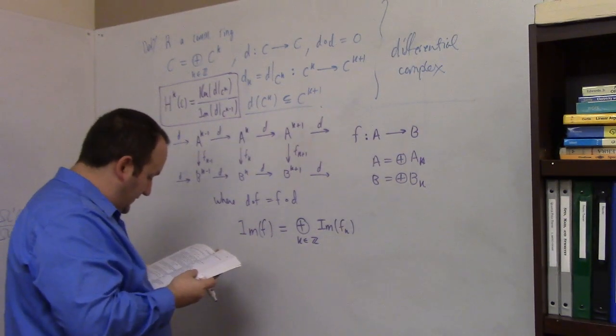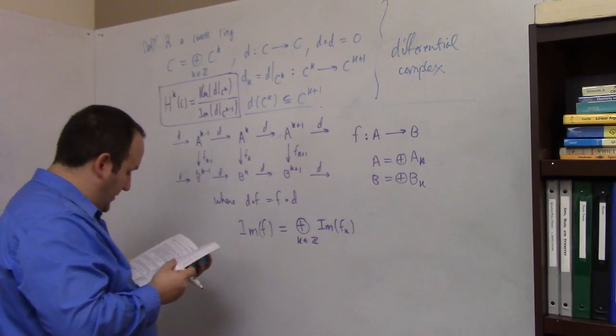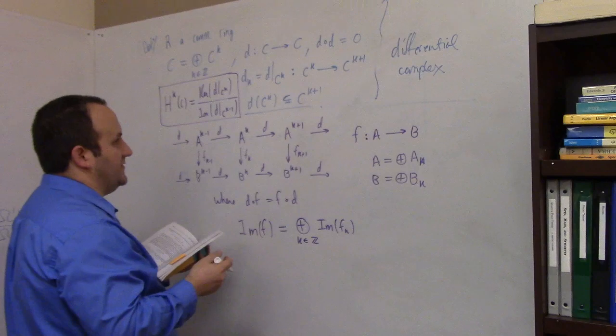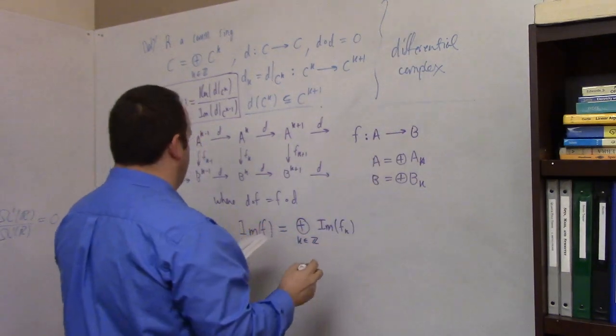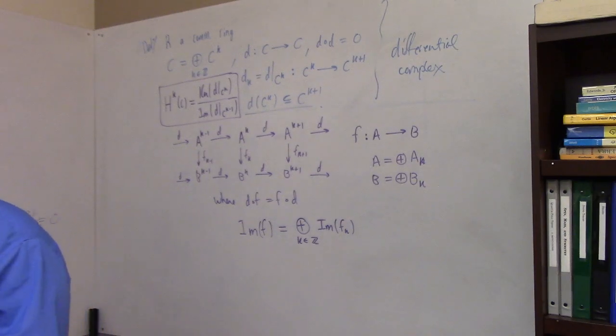Let's see here, how does he say this? He says, as a point of notation, I'm going to erase the chain stuff here for a while.